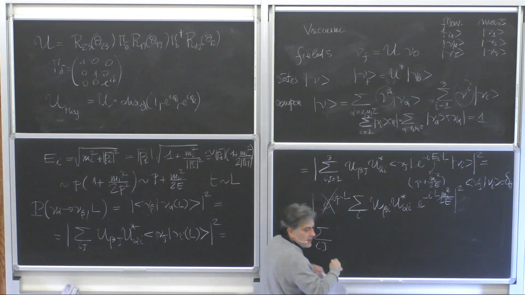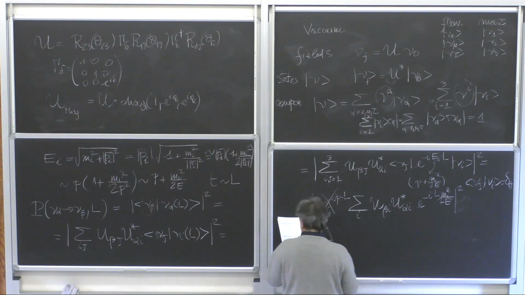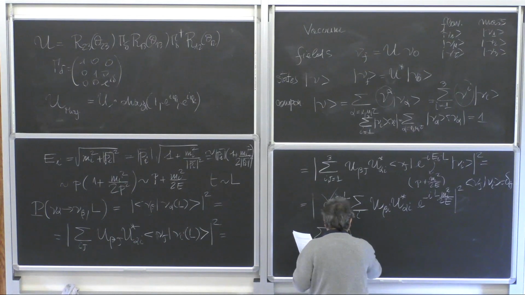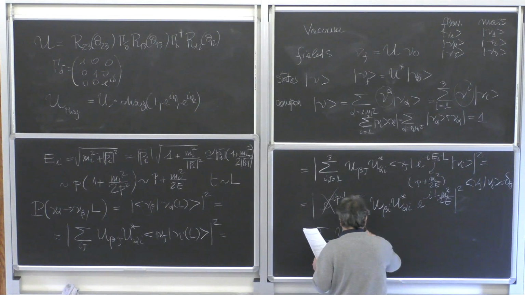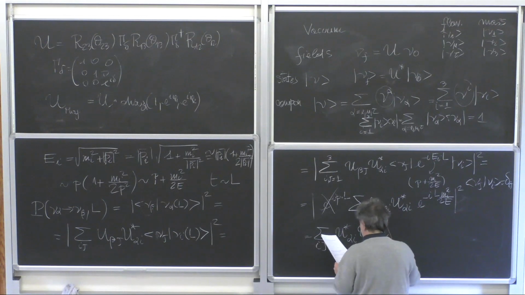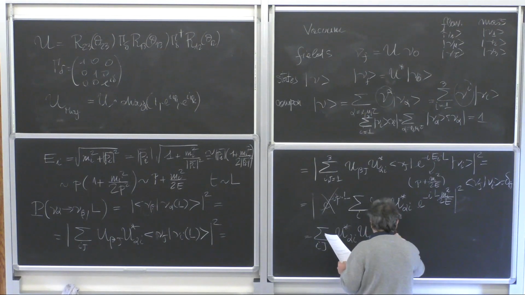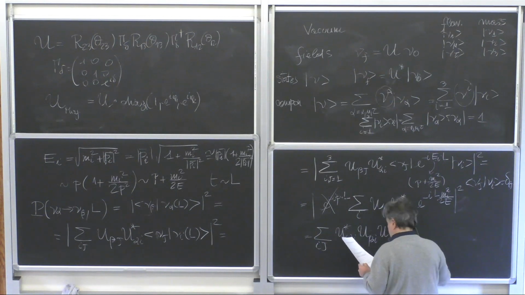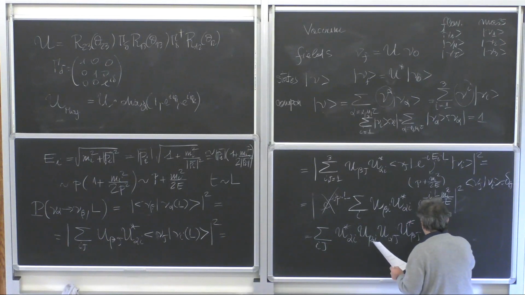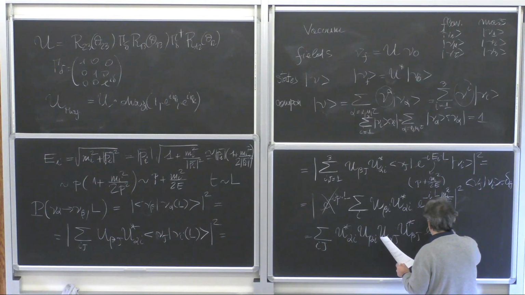over i times the sum over j, and we get u star alpha i, u star beta i, u alpha j, u star beta j, times e to the minus iL.